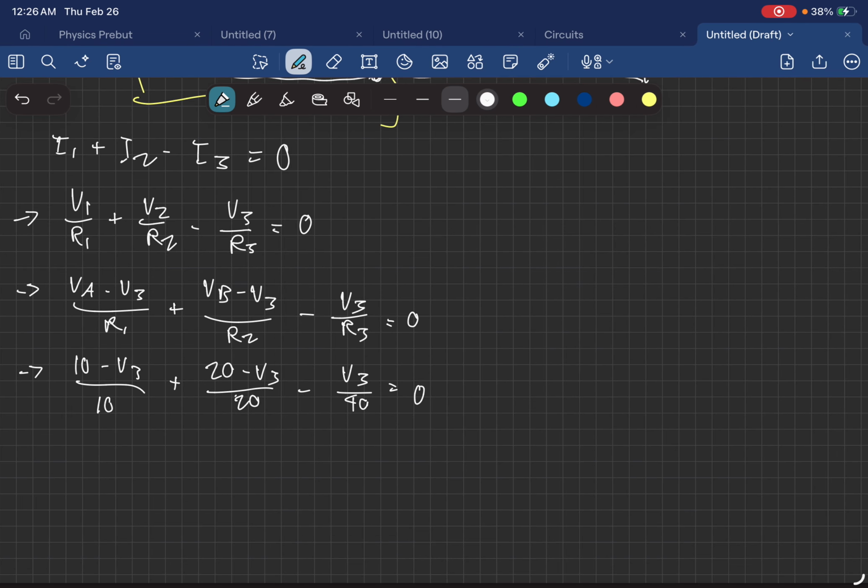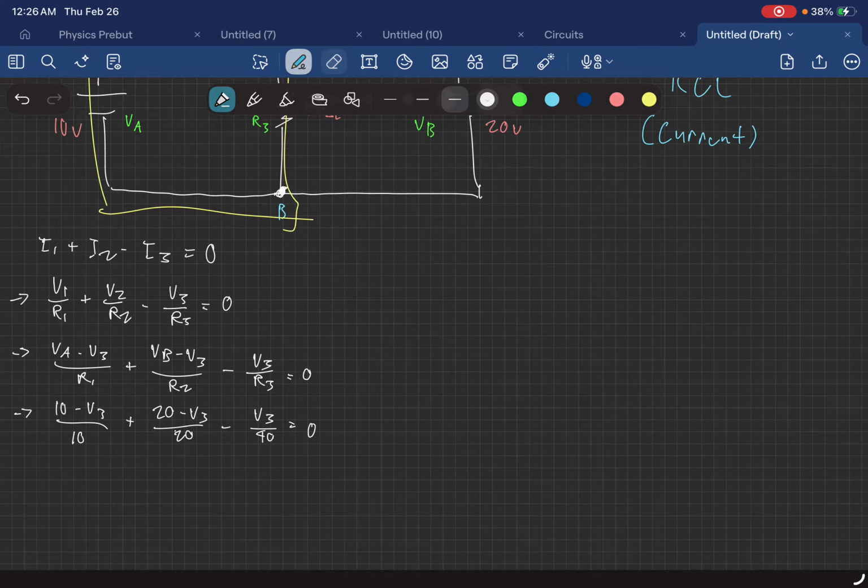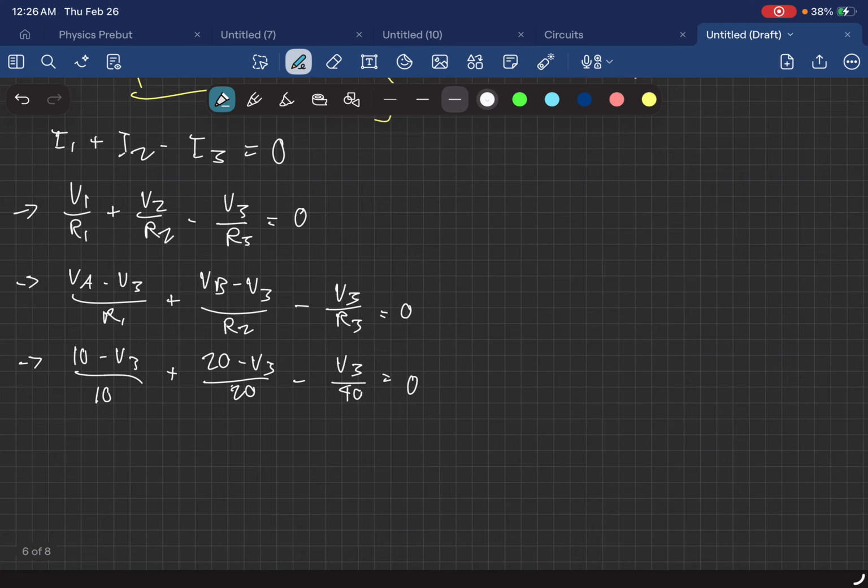But when I tackle stuff like this, I want to eliminate the denominators already. How do you remove all the denominators quickly? We're going to multiply the whole equation by values that can cancel out the denominators.